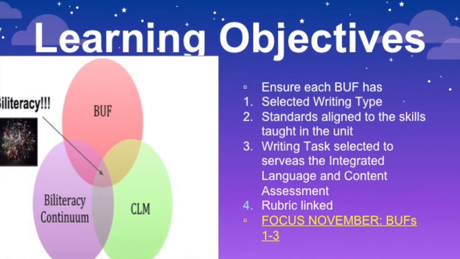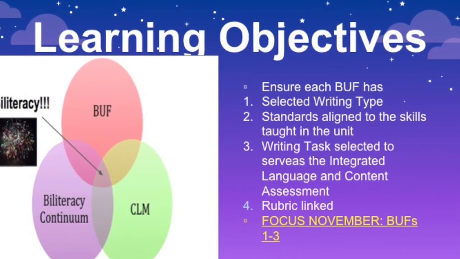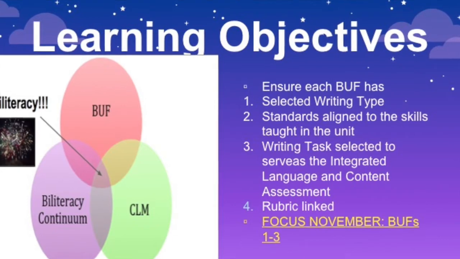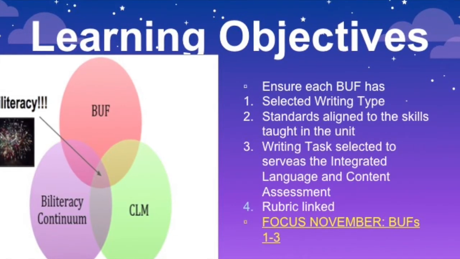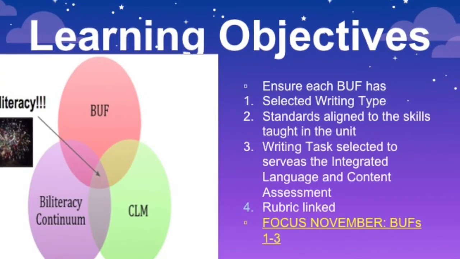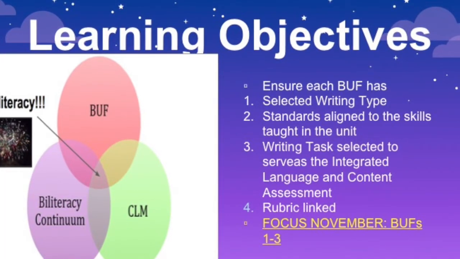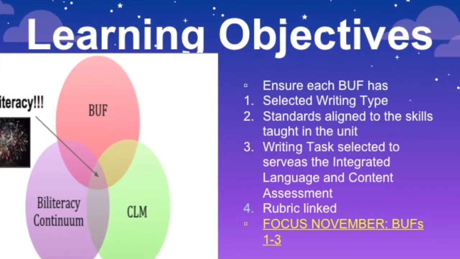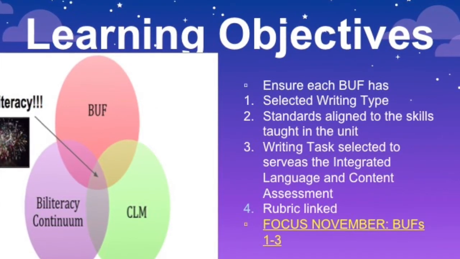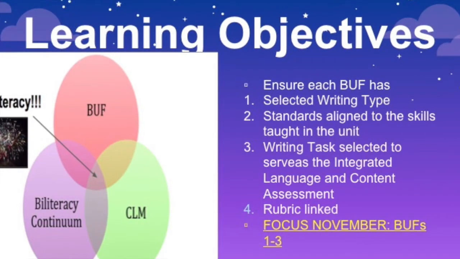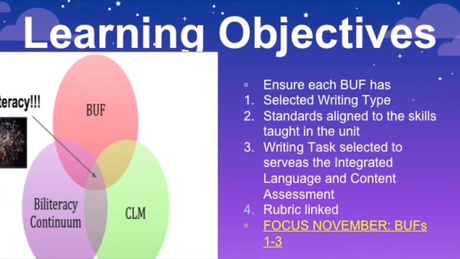And I'm going to ask you to do two things this year. First, I'm going to ask you to ensure that each BUF has standards-aligned and clear language and content objectives. The second thing is I want you to ensure that each BUF has a common integrated assessment of language and content. So in order to make some moves towards those objectives this year, today we are going to solidify our choices around the selected writing type per BUF.